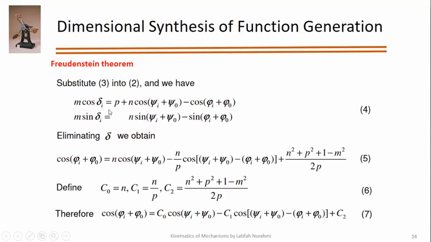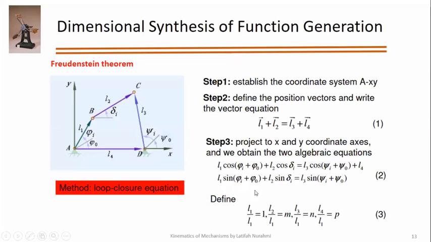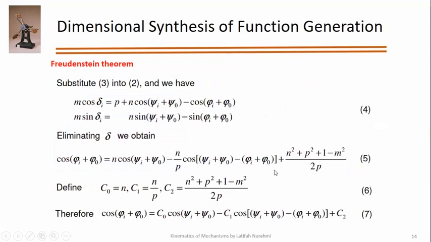So that M cos delta I, because L1 we are just taking it out, or you can say just dividing the whole equation with L1 and then taking this term over here in negative. Okay, so this will become L2 by L1, which is M. Okay, so M cos delta I is equal to P plus N cos this minus cos this term. Similarly for sine part.